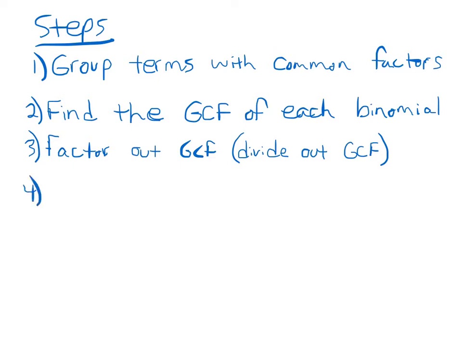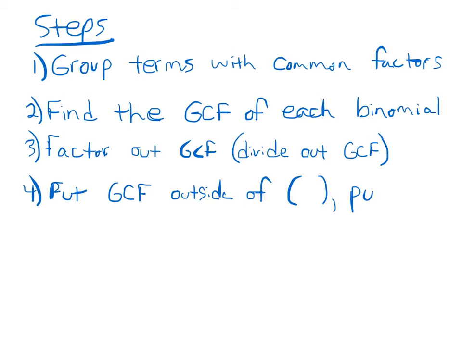Step 4 that we're going to do is we're going to put the GCF outside of parentheses. Again, basically steps 2, 3, and 4 we already did. Okay, we did that in the previous objective. And then I'm going to put what is left inside the parentheses.